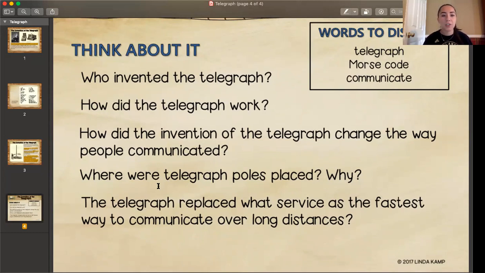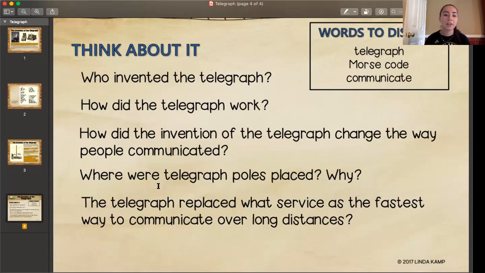The first question, who invented the telegraph? What was the name of the person? How did the telegraph work? How did the invention of the telegraph change the way people communicated? So how did this telegraph change the way people talked to each other?